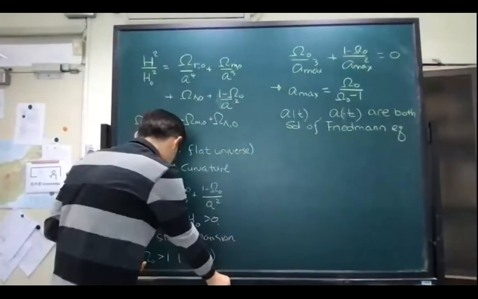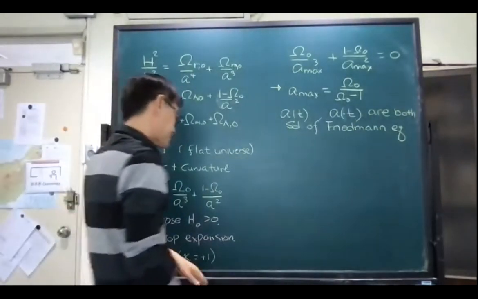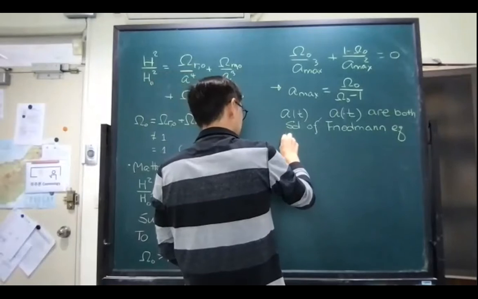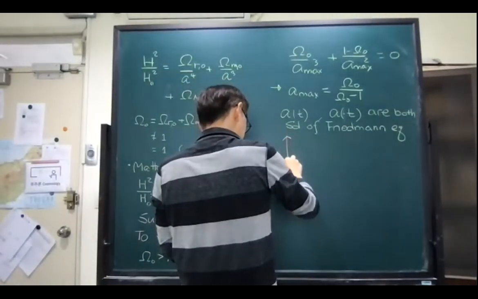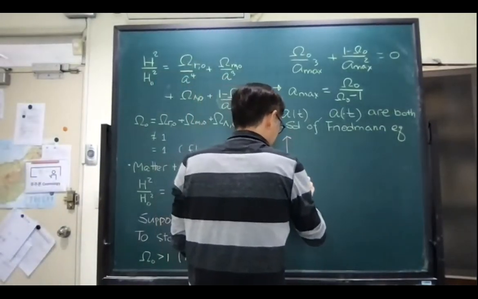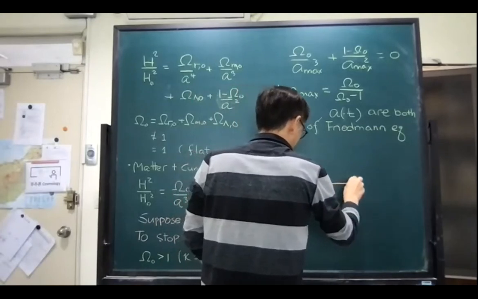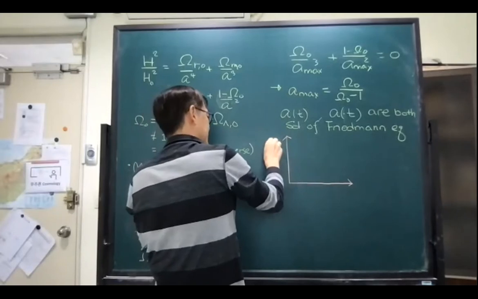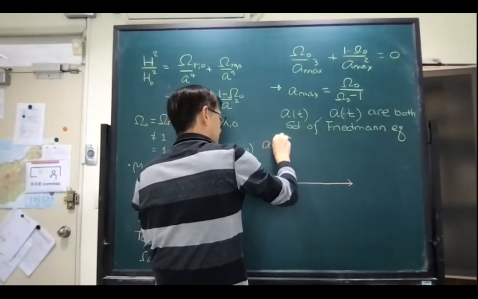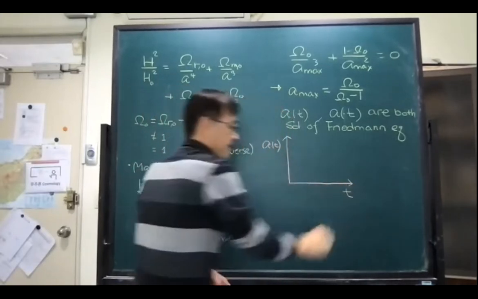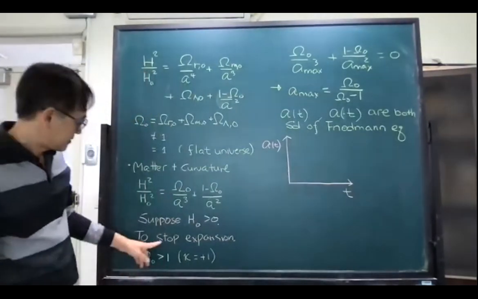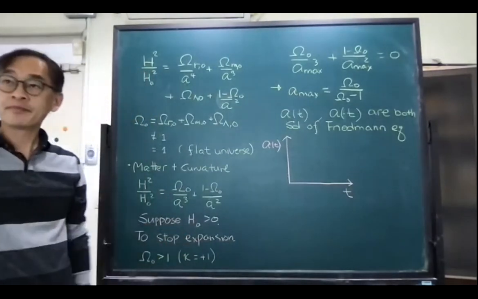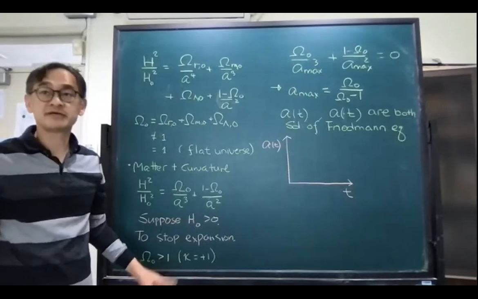So what that means is, at least formally, let's say vertical is the scale factor, horizontal is time. So today it's expanding, and we assume it's positively curved.